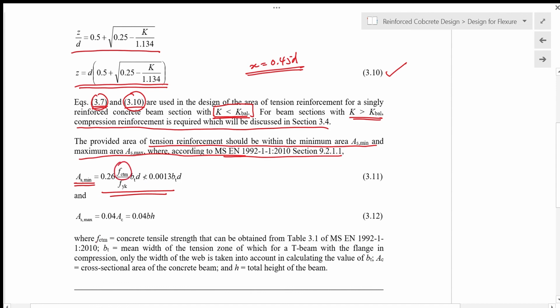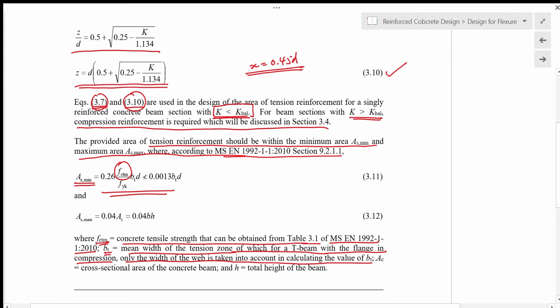FCTM is the concrete tensile strength that can be obtained from table 3.1 of Eurocode 2. And then BT is the width of the tension zone, for which, for a T-beam with the flange in compression, only the width of the web is taken into account in calculating the value of BT.